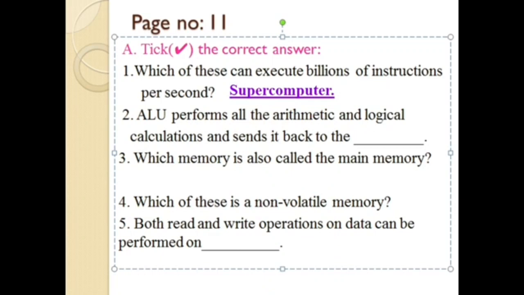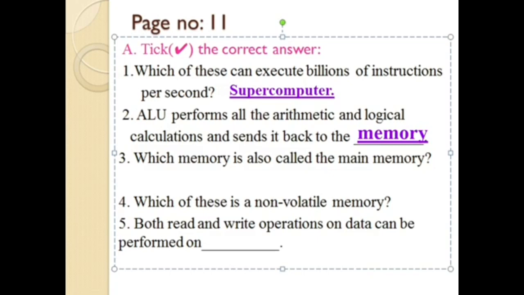The next one is ALU, that is arithmetic and logic unit, performs all the arithmetic and logic calculation and sends it back to, where will it send back to? Yes, it will send back to the memory. So all the calculations they have done, then they will send to the memory.